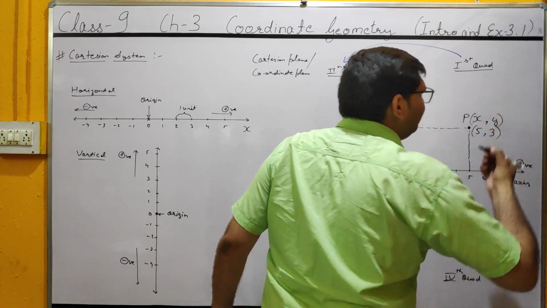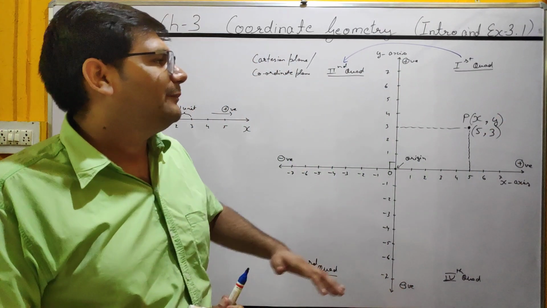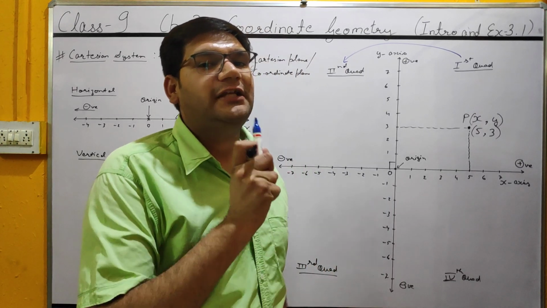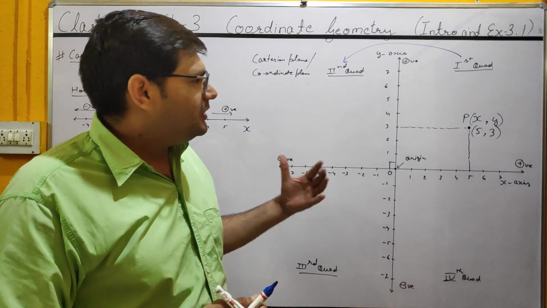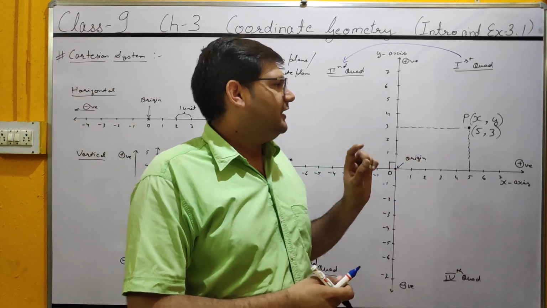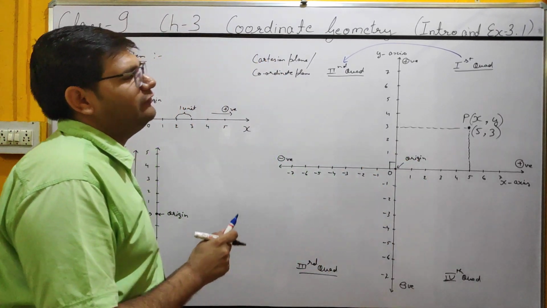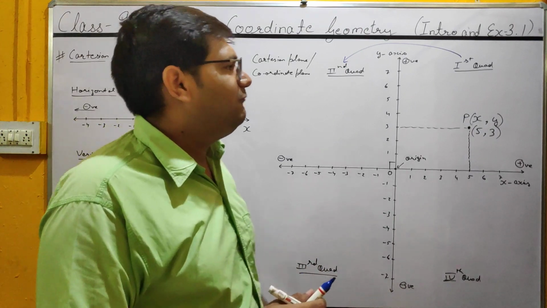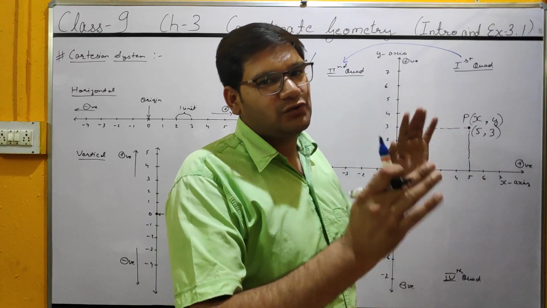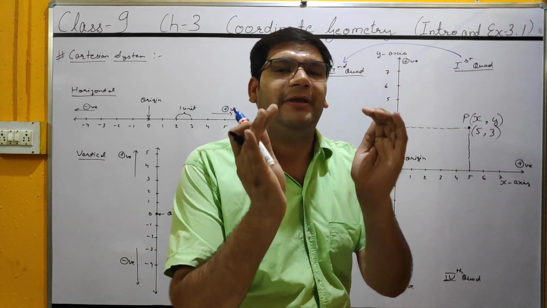So 5, 3 is the coordinate of the point P. In this way we can tell the exact location of the points. So first of all, we write the coordinate of x-axis and then y-axis. So x, y will be the coordinate of point P.